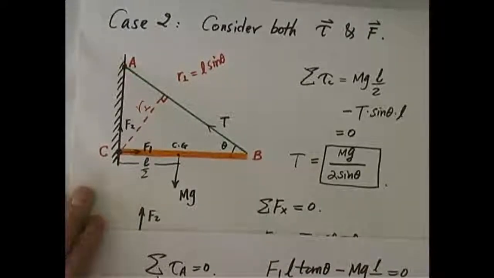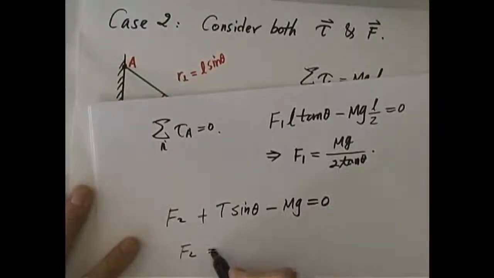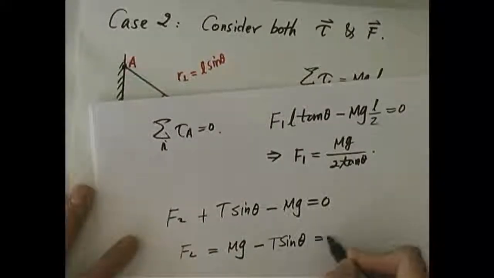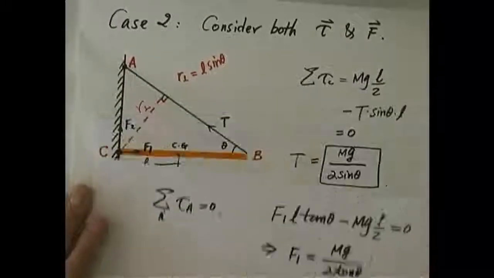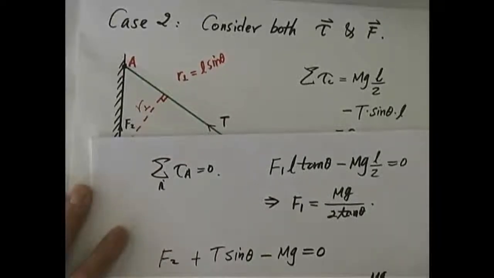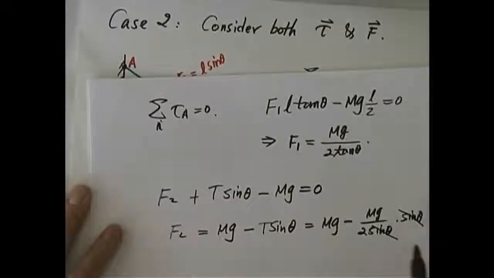So I found F2 to be equal to mg minus T sine theta, which is mg minus mg over 2 sine theta times sine theta. You know the 2 sine thetas cancel. The second term is just mg over 2. So the answer is just half of mg. F2 is always half of mg.